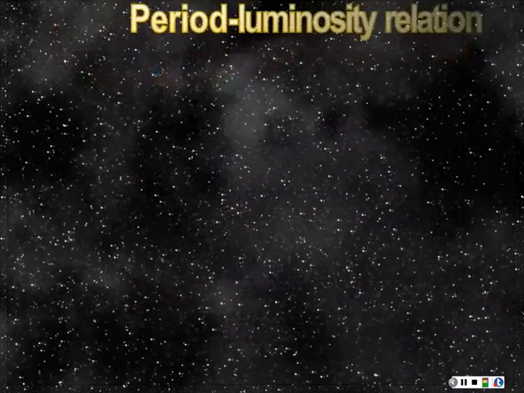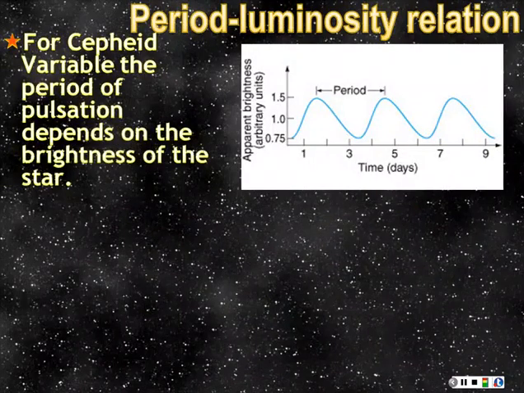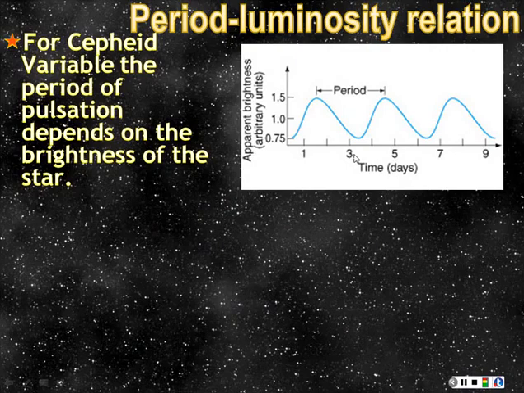Okay, so what is this method? Well, it's called the period luminosity relation. And basically, this was Henrietta Swan Leavitt, who was one of the famous Harvard computers, the women hired to work through data on stars. And she basically figured out that for stars that we knew the distance to, there was a relationship between the period of pulsation, that is how long it takes to go from bright to faint to bright again, and how bright it really is.